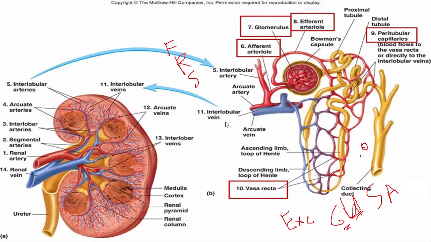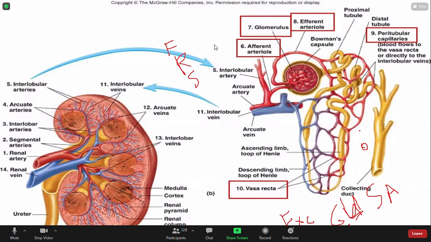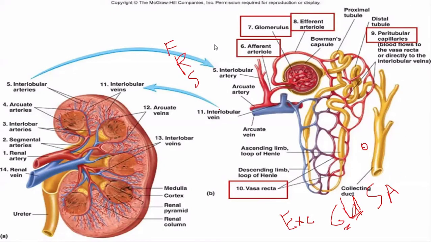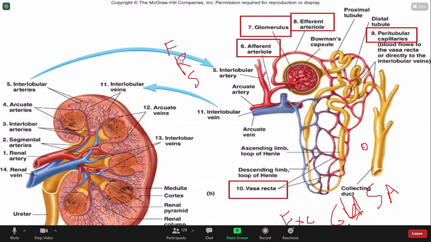Plasma oncotic pressure is generated by the proteins, particularly albumin. Plasma osmotic pressure, aside from the proteins, includes ions as well, sodium, potassium. That's osmotic pressure.